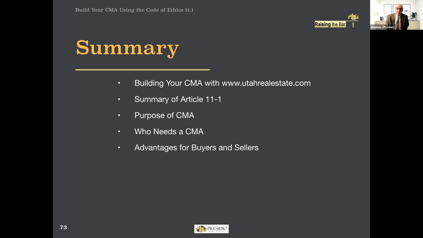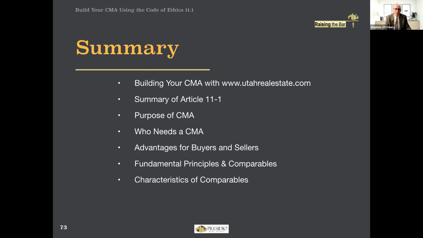We talked about the advantages for buyers and sellers using CMAs, fundamental principles of comparables, and the characteristics of comparables. Went through the size and the age and all those sort of things. Number of comparables needed, usually around 3 to 6 if you can get those. And then we talked about the different types of houses.